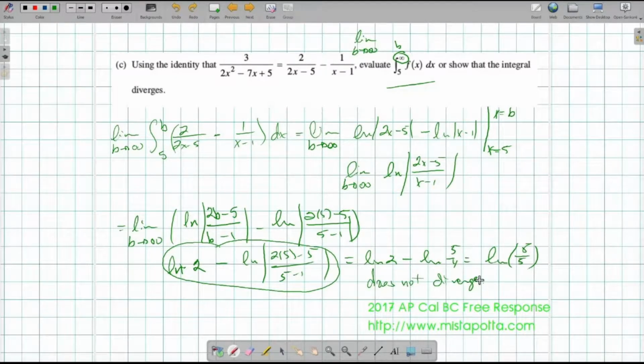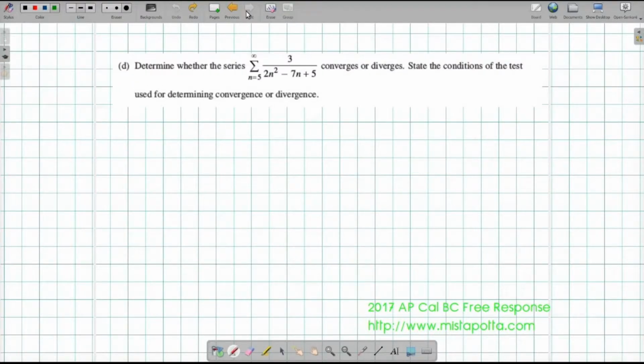And what's really nice is that this answer is going to help us answer part D. At least it's one way that we can do it. Part D is asking if this sum, the sum of 3 over 2n squared minus 7n plus 5, converges or diverges. Keep in mind that because f of x is decreasing, approaching 0, then we can use something called the integral test.